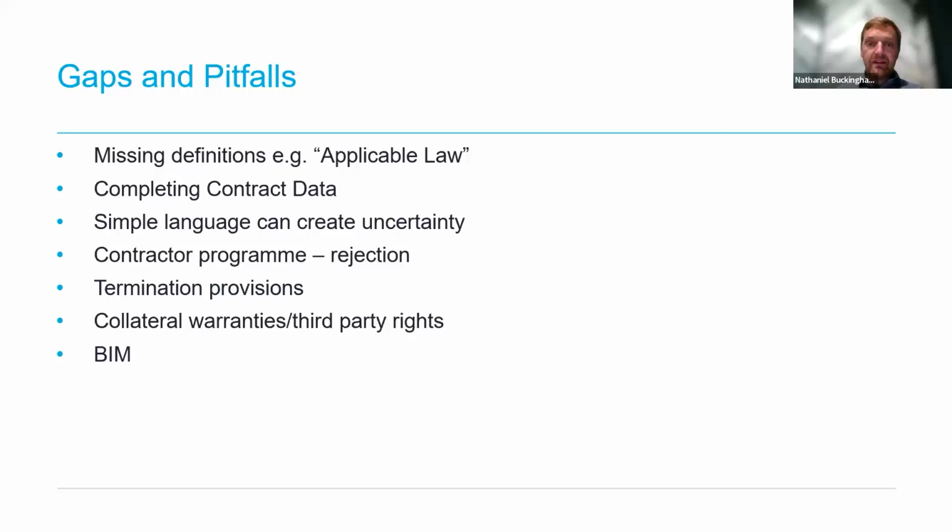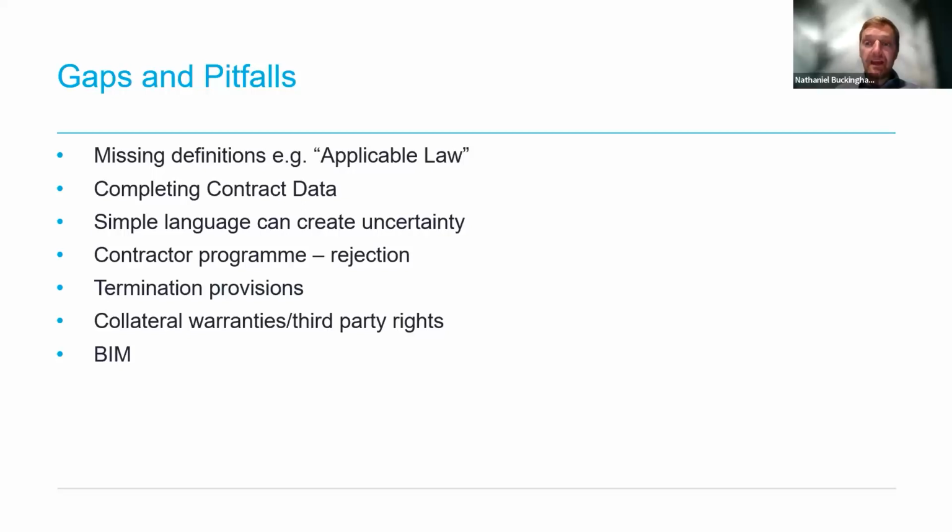Now, the first gap is in the definitions within NEC contracts generally, and this is the same in NEC4 as it was in NEC3. The NEC contracts have two types of defined terms: those that are defined in the contract data section, usually written in italics, and those that are defined within the core clauses section, usually written with initial capital letters. NEC contracts do not have an exhaustive list of definitions, which sets it apart from other standard form contracts.